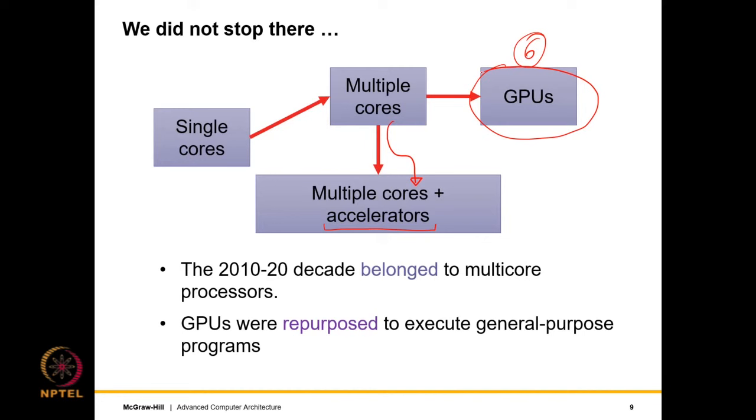They are GPUs, or graphics processing units. So the 2010 to 2020 decade belonged to multi-core processors of various hues and colors: regular multi-cores with accelerators, or GPUs. A lot of work was done in this space. GPUs started as separate processors whose job was to process only graphics-intensive tasks, but they gradually changed their color and were repurposed to execute general-purpose programs as well.